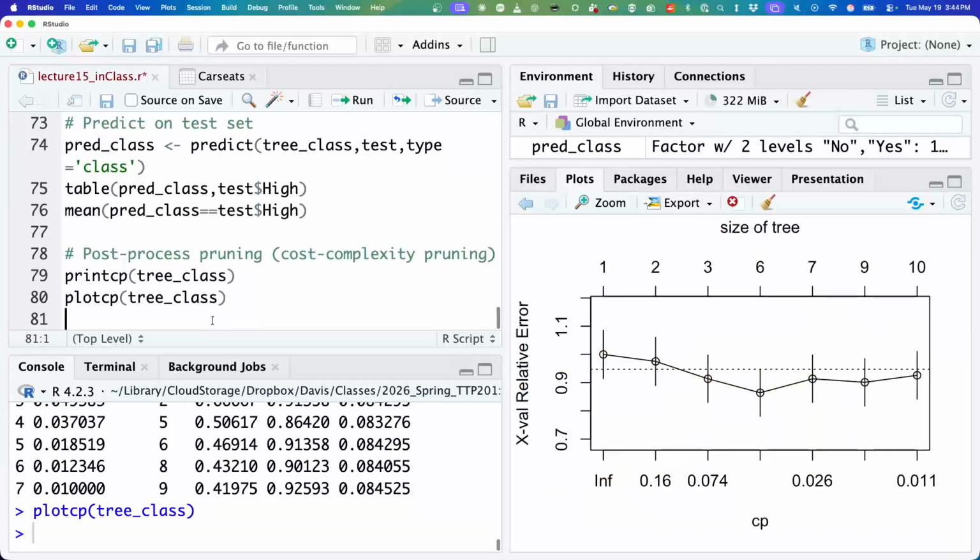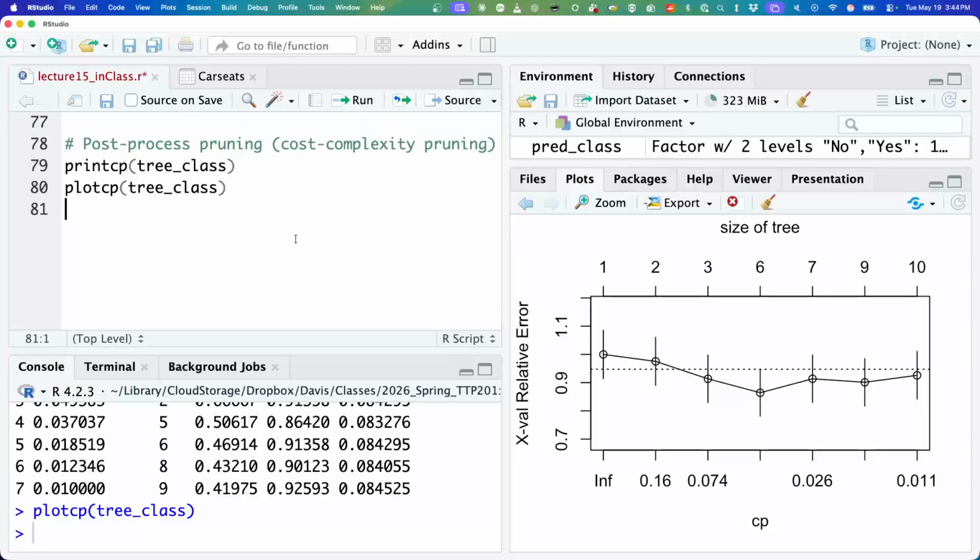And I believe you can also plot this by size. For every split in the tree, you basically look at how the relative error is improving. So what we're going to do is pick the CP that minimizes cross-validated error.